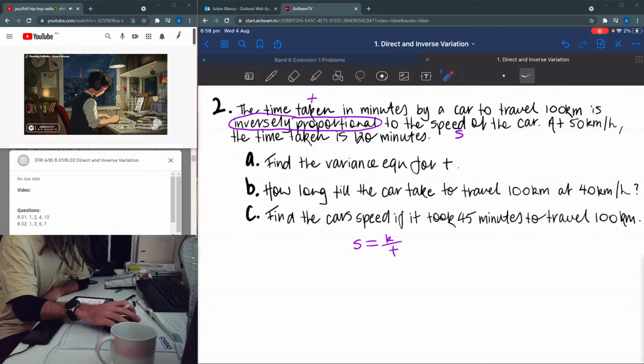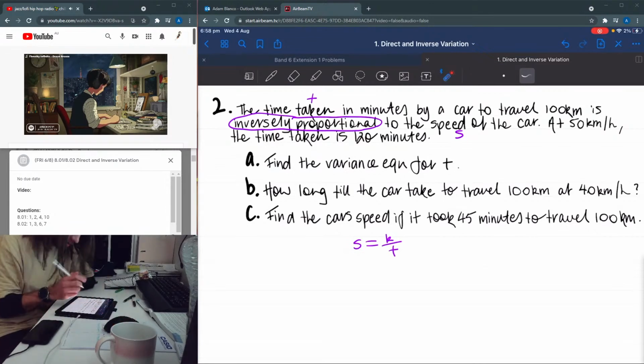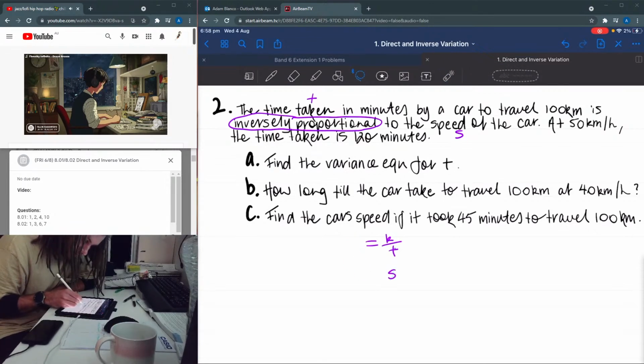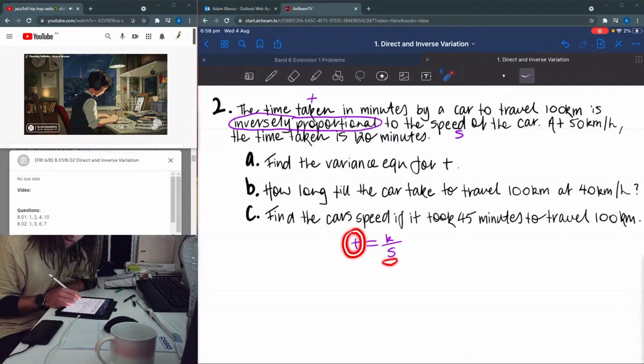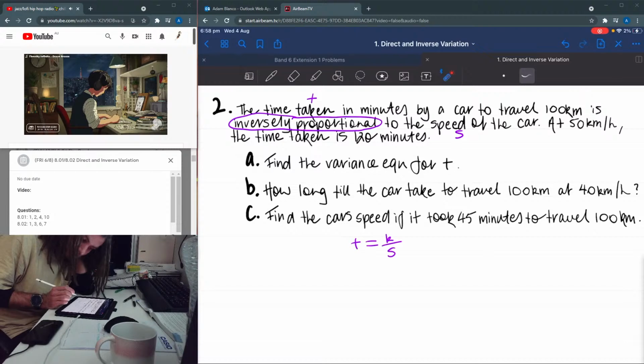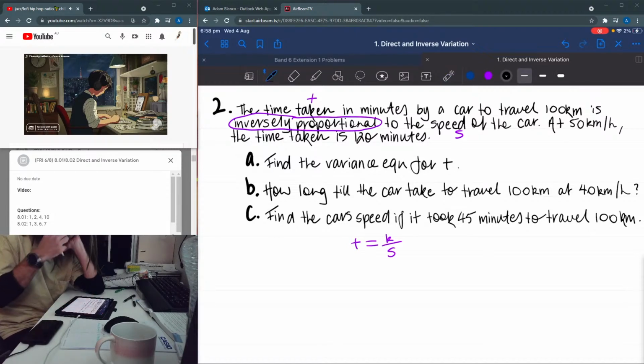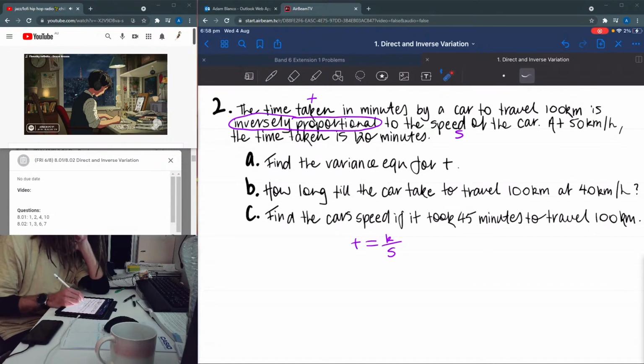Let's see how the textbook did it. Yeah, I'd write it the other way, because the time taken depends on how fast I'm going. It's not the other way around, so it makes sense to put time as the dependent variable. Anyway, that doesn't matter too much. You're just going to end up with a different K value. If you were to have swapped these, your K value would be different, but the answer to these would actually be the same, and you can test that if you like.